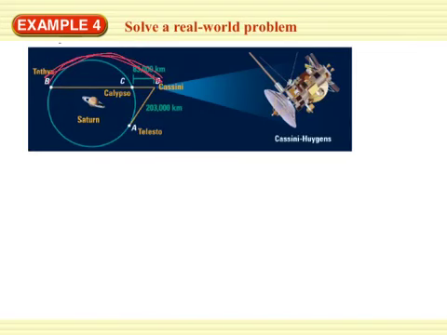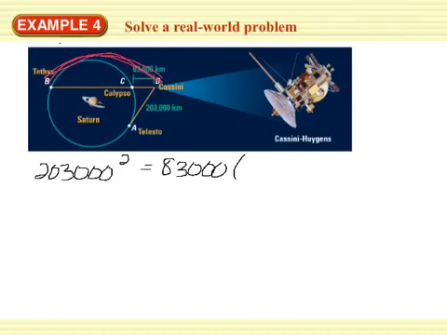All right. It's going to be with some big numbers. So we're going to use the theorem, let's see, Theorem 10.16. 203,000 squared equals 83,000 times 83,000 plus x, right?